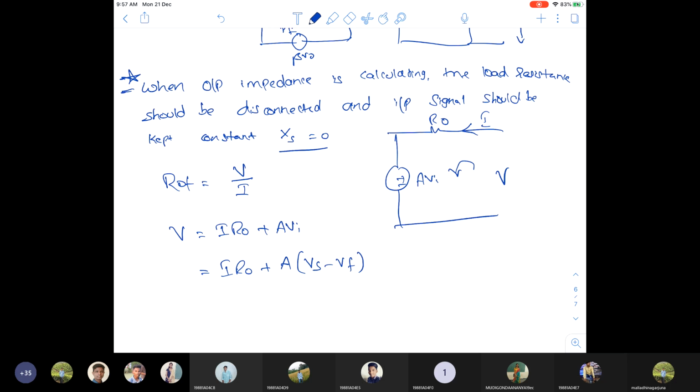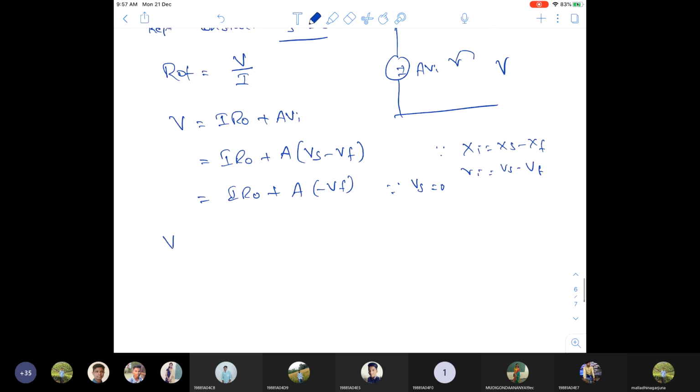Why? Because Xi equals Xs minus Xf, so VA equals VS minus VF. So I R naught plus A into minus VF, with VS equal to 0. So V plus A VF equals I into R naught.